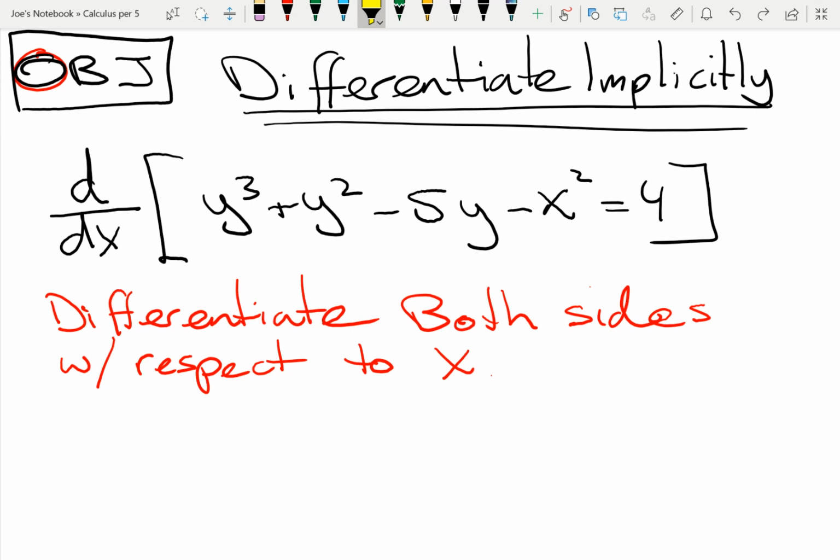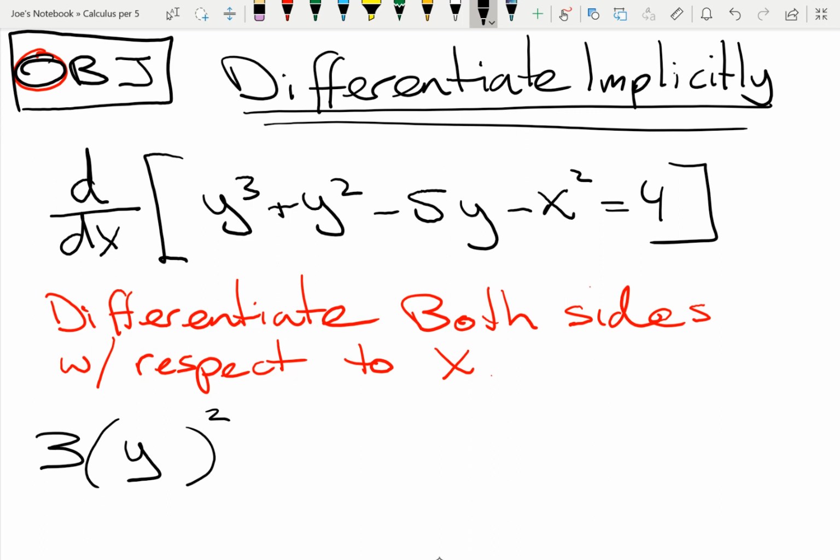So I'm going to do the derivative of the outside. The derivative of the outside is 3 y squared. The inside is my y because it is not the x. I'm differentiating y with respect to x.